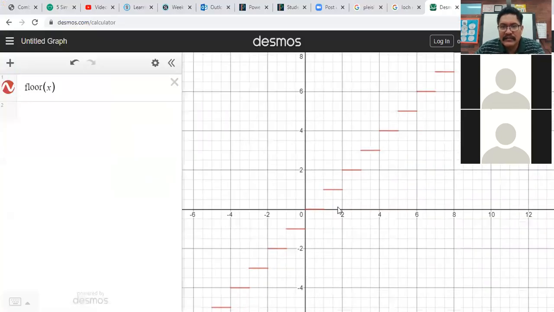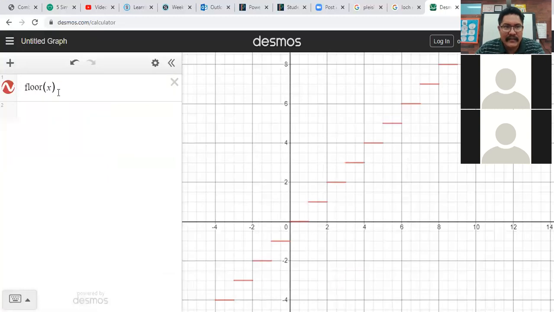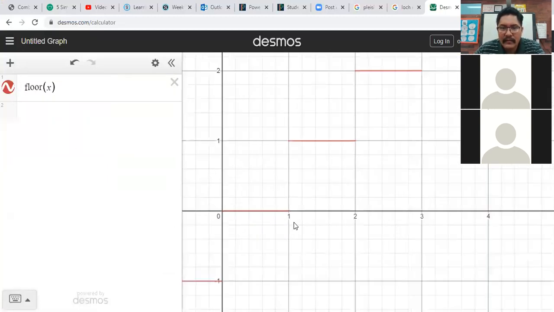So I just punched it in, and it looks something like this, although they call it a different name. They call it floor. This one is kind of a weird one because it doesn't stop right at 1. And here I'm able to pick the same spot in both of them.